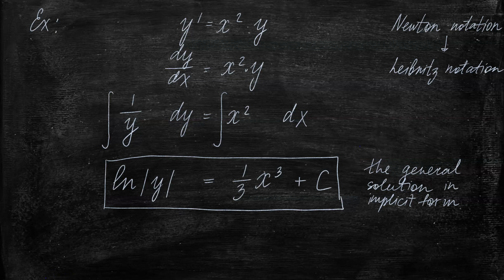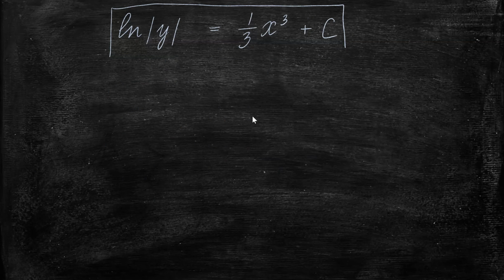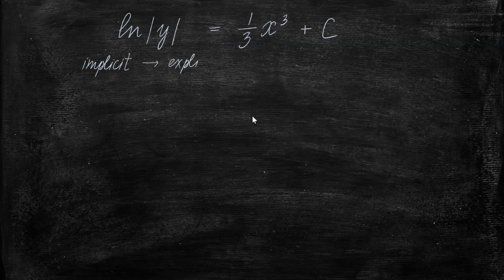So let's take our general solution and let's write this in explicit form. So in order for us to write an implicit equation explicitly, we have to isolate the variable y.